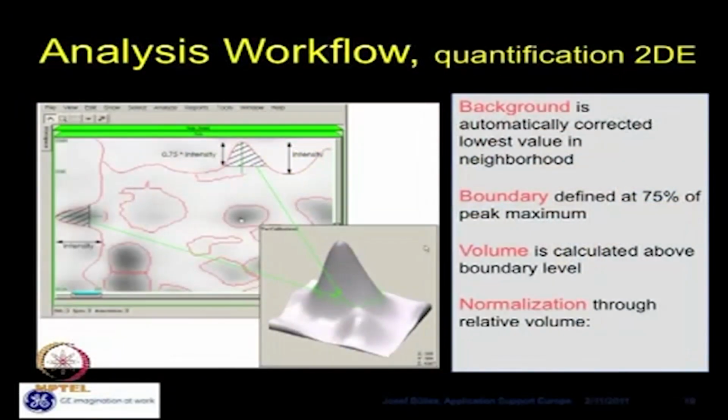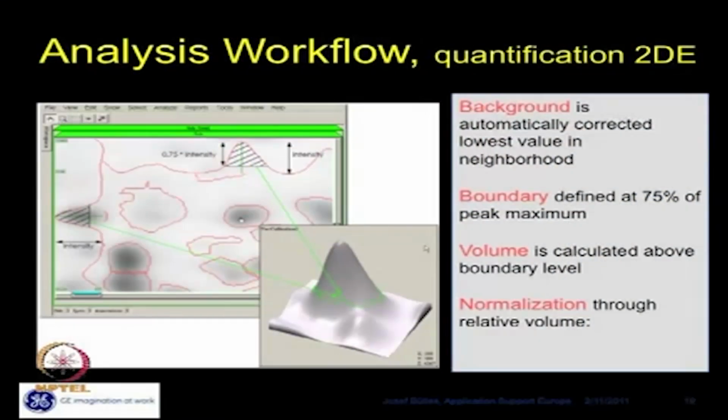In the analysis workflow, now we can see the quantification of 2D gel electrophoresis. There are basically four parameters which we are seeing here. The background is automatically corrected, using the lowest value in the neighborhood. Then the boundary is defined at 75% of the peak maximum, so one can easily remove the background.